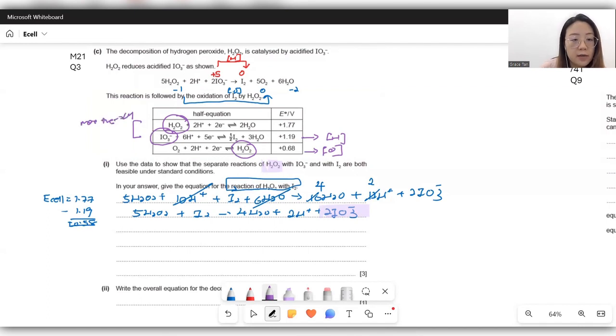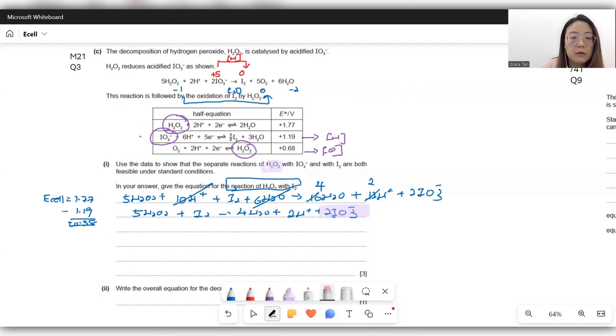Can it shift right? Yes, it can. But if you shift right to undergo reduction, that means you're saying the iodate must undergo oxidation, because 1.19 is less positive. That means you're trying to say iodate has to shift left to thin air. Cannot, right? So that's why it cannot be the first two equations. It has to be the second and the third equation.